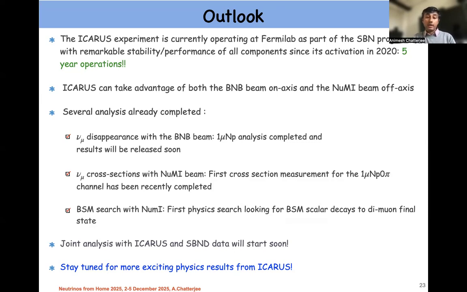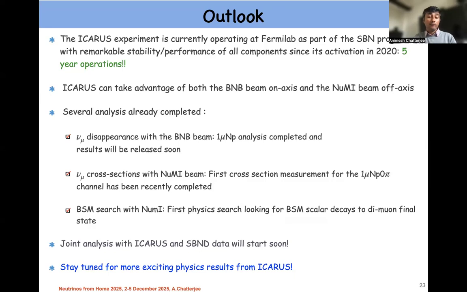Several analyses are already completed. For the muon neutrino disappearance with the BNB beam, looking at the 1 muon, N protons analysis, it is completed and the results will be announced very soon. As well as the muon neutrino cross sections, the first cross-section measurement using the 1 muon, N protons, 0 pion final state has been recently completed, and a wine and cheese talk was given at Fermilab.